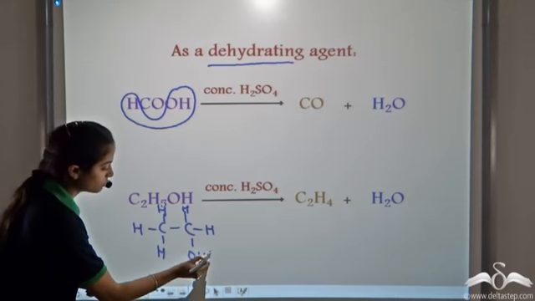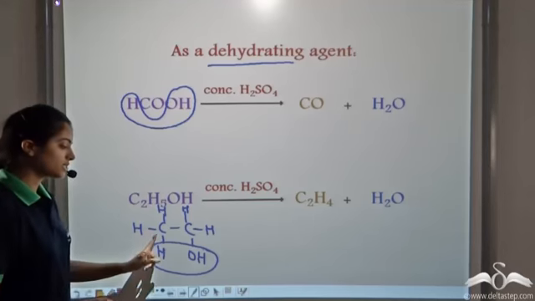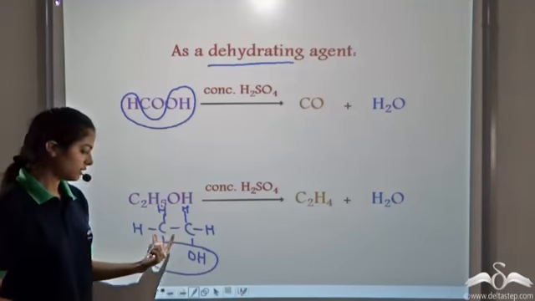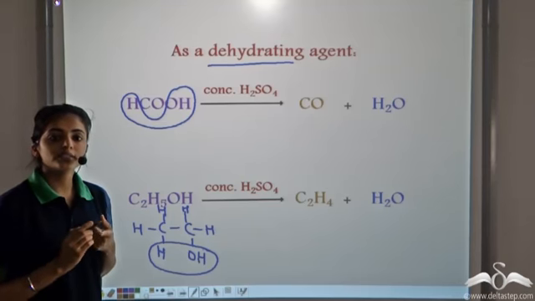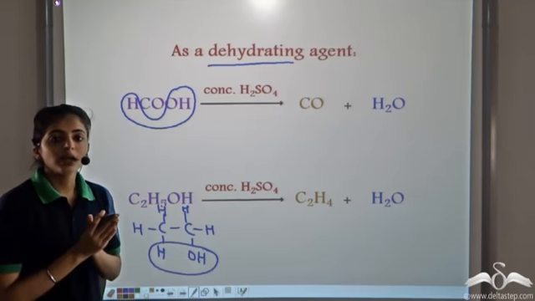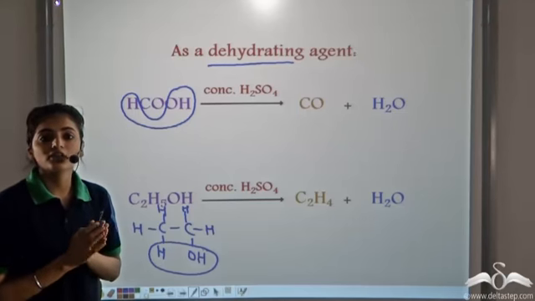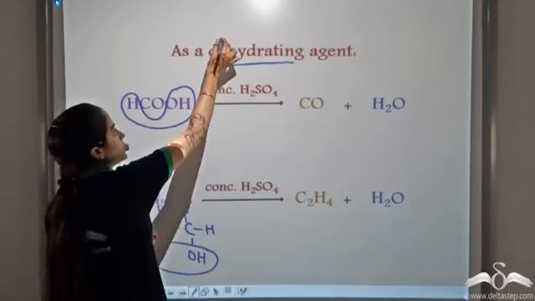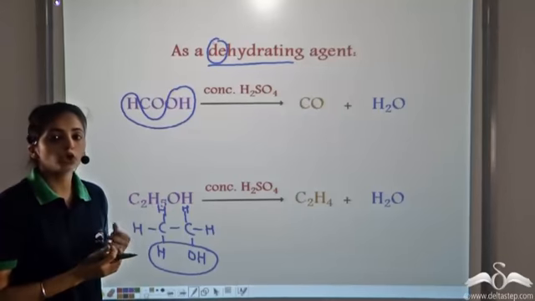When water is removed, it forms C2H4, as we can see, and water is formed. So concentrated sulfuric acid acts as a dehydrating substance. It acts as a dehydrating agent. So by dehydrating agent, we mean that it helps in the removal of water.